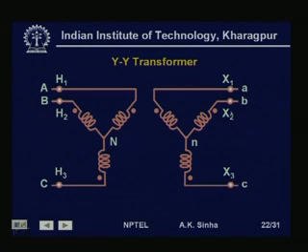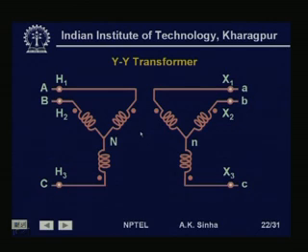Similarly, X1, X2, X3 represent the 3 terminals of the low voltage winding, to which a, b and c phase are connected. The small case letters indicate low voltage, the bold case letters indicate the high voltage. This is a star-star transformer which can be created like this.